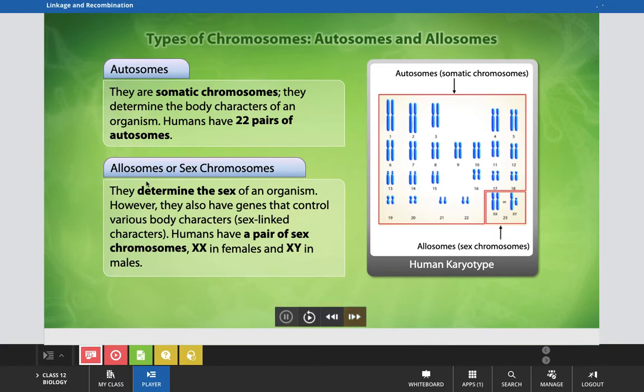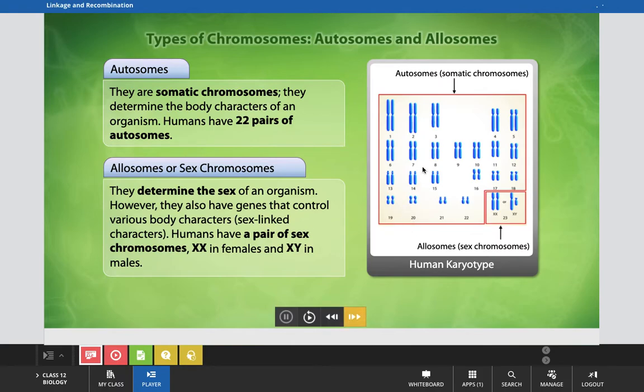Allosomes or sex chromosomes are the chromosomes which determine the sex of an organism. However, they also have genes that control various body characters, like sex-linked characters. Humans have a pair of sex chromosomes, XX in females and XY in males.